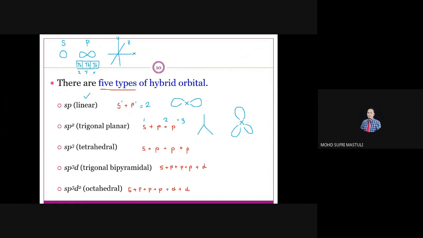Same goes for sp3. sp3 is 1 plus 3, so it should be 4. 4 electron domains means tetrahedral.